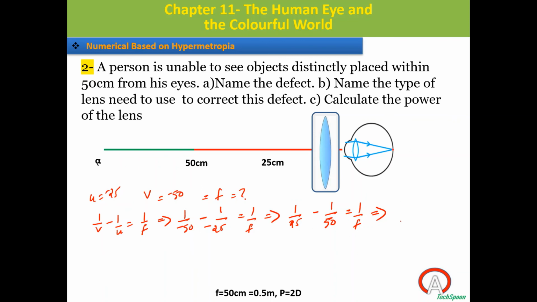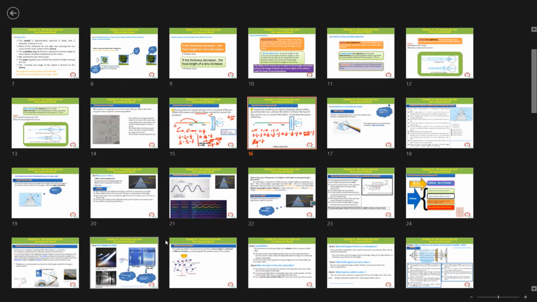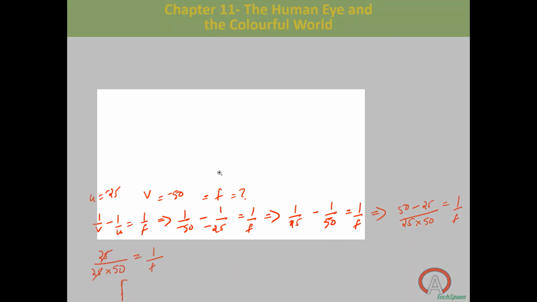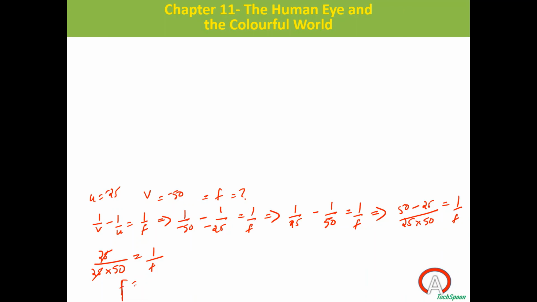This implies 50 minus 25 over 50 times 25, which is 25 over 25 into 50, so f is equal to 50 centimeter, which is equal to 0.5 meter.